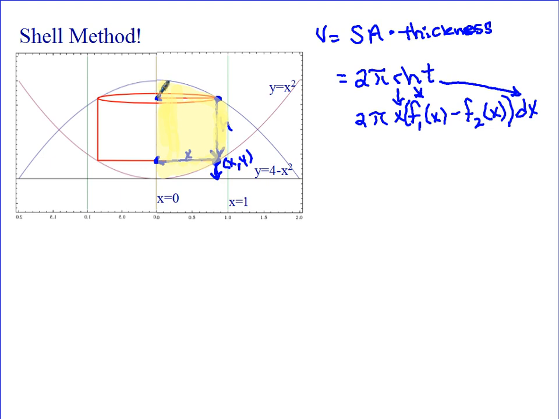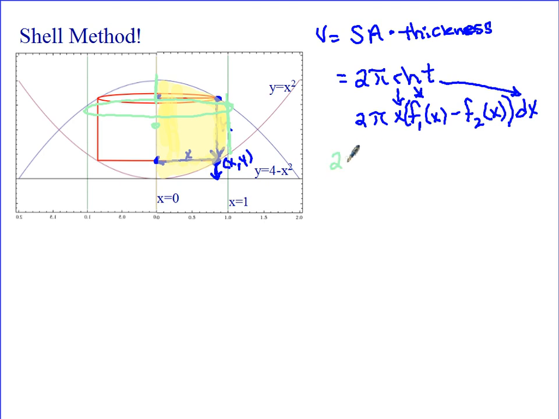And the cylindrical shells go from a really, really teeny tiny radius of 0 all the way out to the biggest possible radius, which would be right here. And this would be the smallest radius, right? Would be right like that.